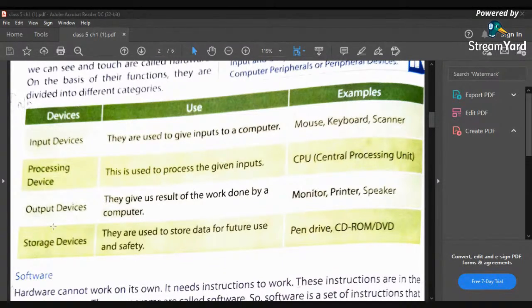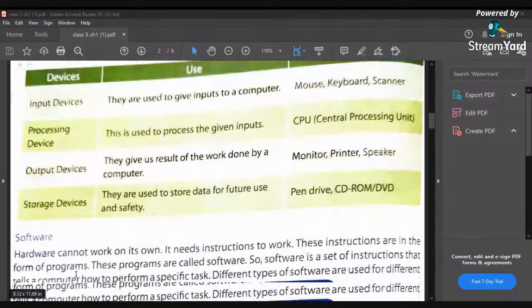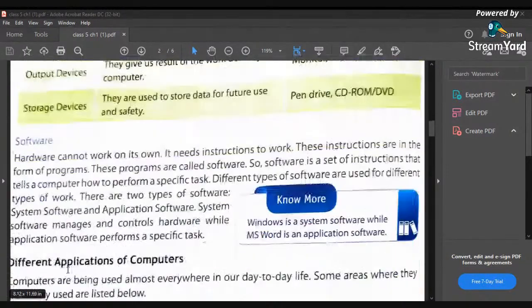Now we discuss software. What is called software? Students, software is not a device. Software is a set of instructions. Hardware cannot work on its own. It needs instructions to work.